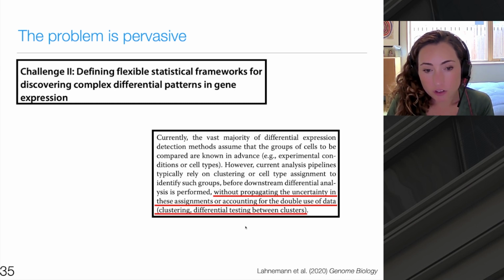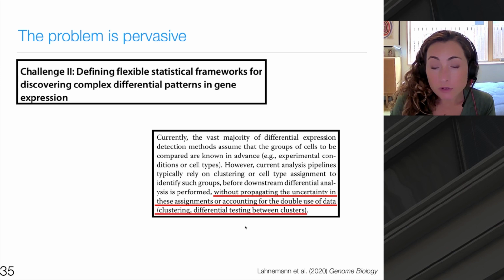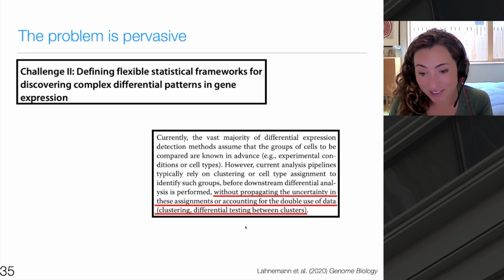This is biology speak for the exact problem that I just pointed out, where these researchers are doing clustering and then testing a null hypothesis of no difference between clusters, or alternatively, they're doing PCA and testing a null hypothesis of no association between a feature and the principal component. So this is one of the 11 grand challenges in the entire field.